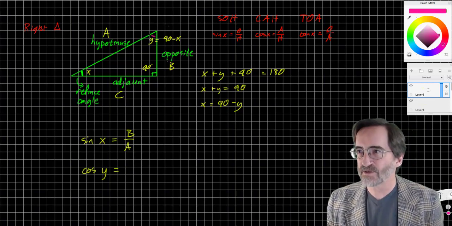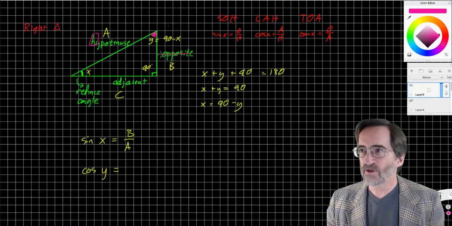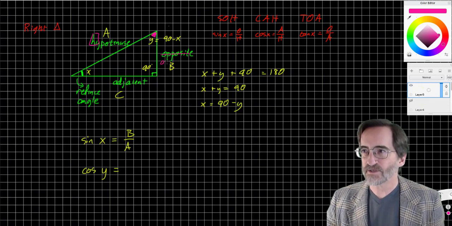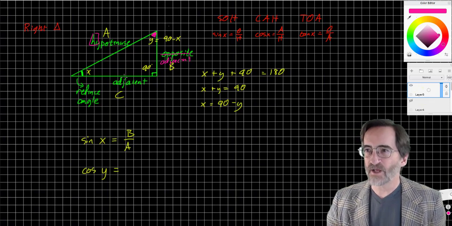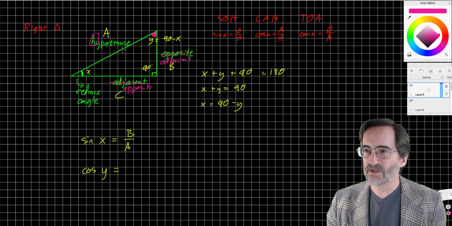It makes this the reference angle. The hypotenuse remains the hypotenuse, but this is no longer the opposite. This is the adjacent, because it's touching the angle. This is no longer the adjacent. This is now the opposite. And so cosine y, cosine is adjacent over hypotenuse, is B over A.